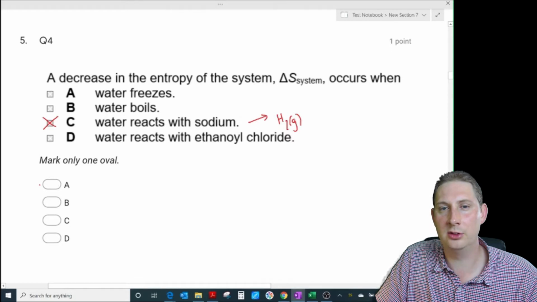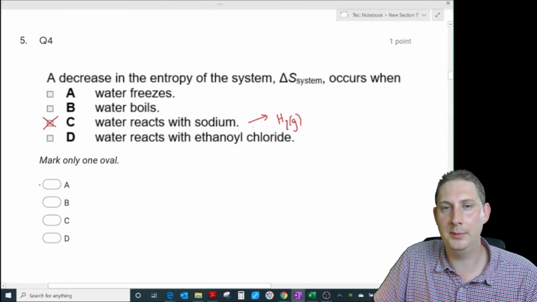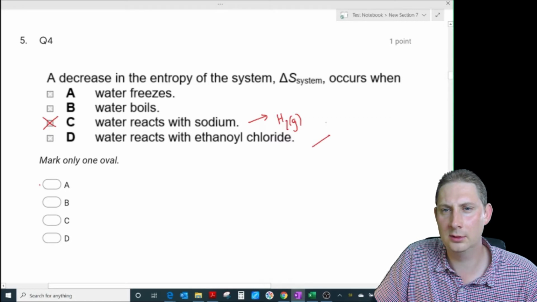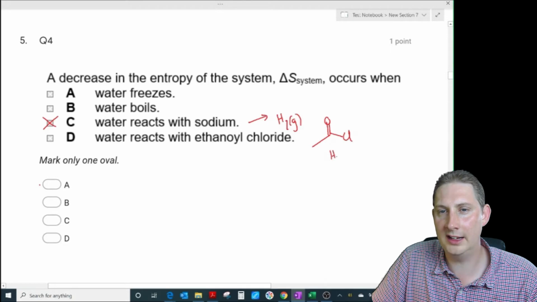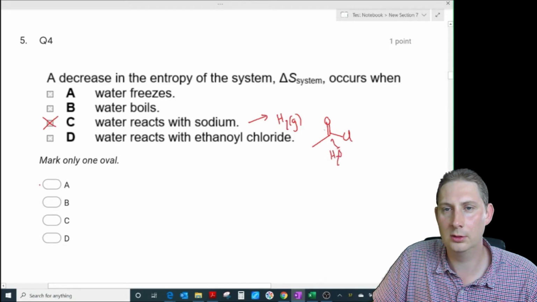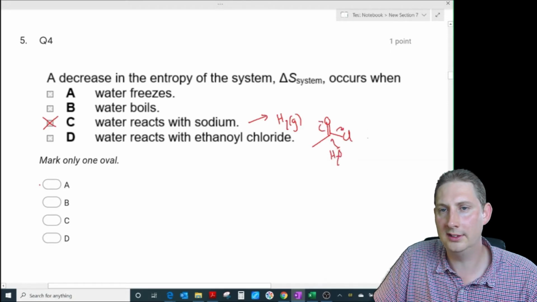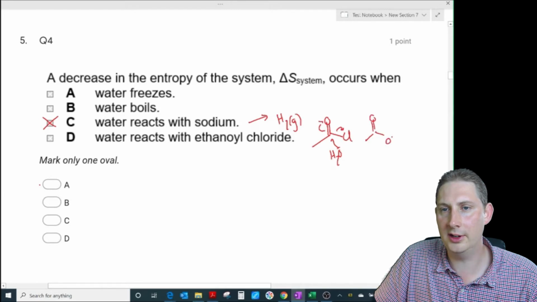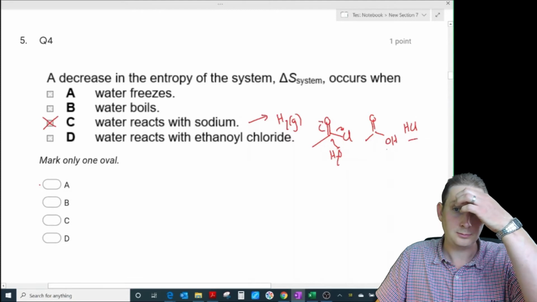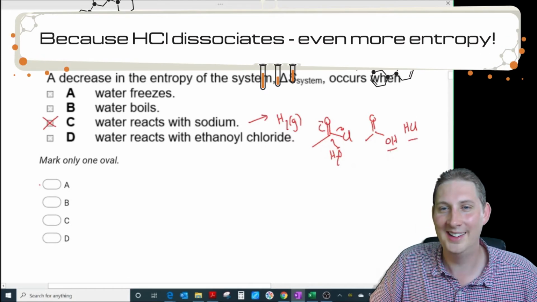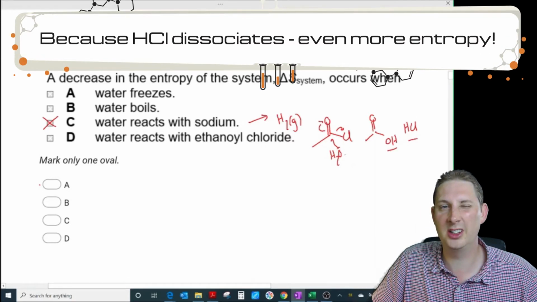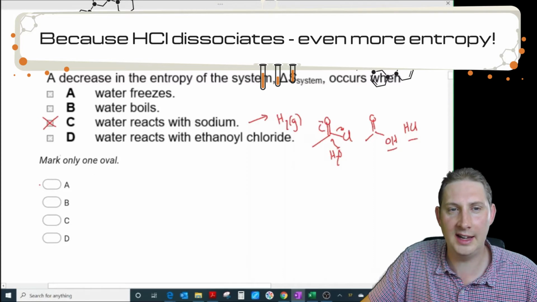When it reacts with ethanoyl chloride, it's actually generating more species. So water reacting with that is going to make ethanoic acid and hydrogen chloride, from what I remember. Anyway, you've got 2 molecules becoming 2 molecules, so there's not going to be much of a change in entropy there.